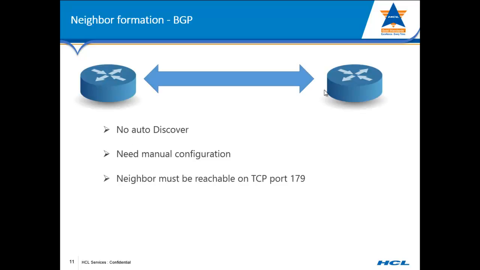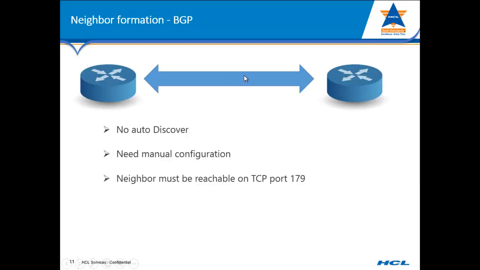Now we can see how neighbor relationships form in BGP. In the BGP case, there is no auto discovery. We need to go and configure manually on the routers to form a neighbor relationship, and the neighbor relationship forms on TCP port number 179. In the case of OSPF, we go here, enable OSPF, and give a network command.